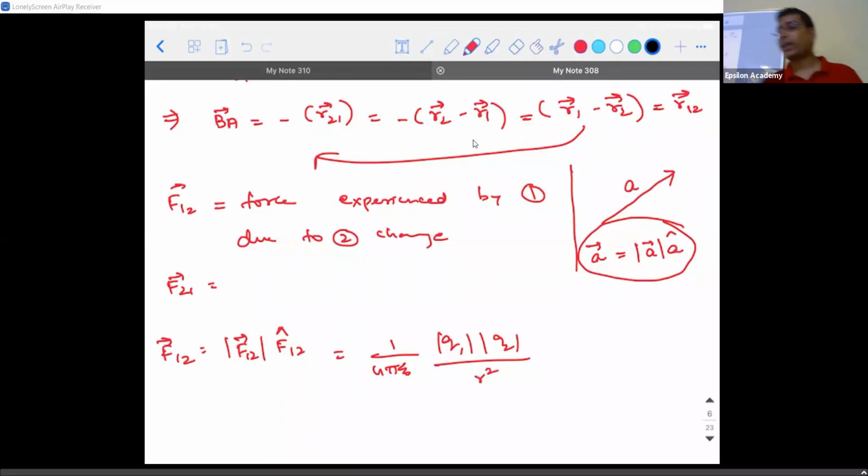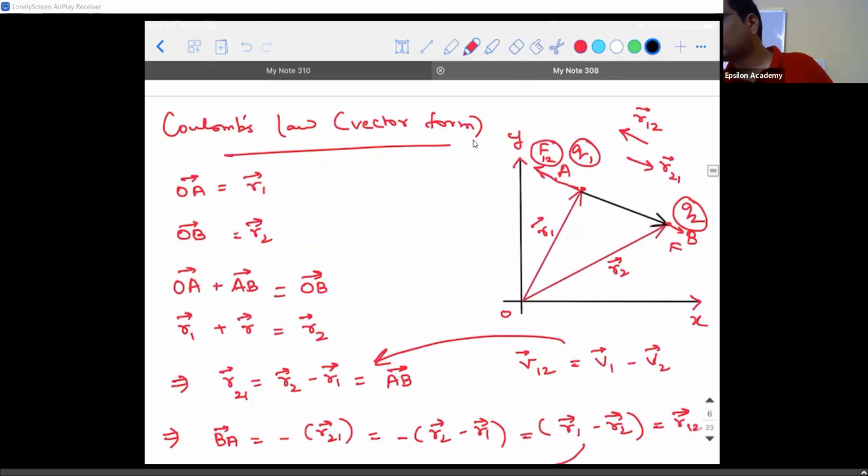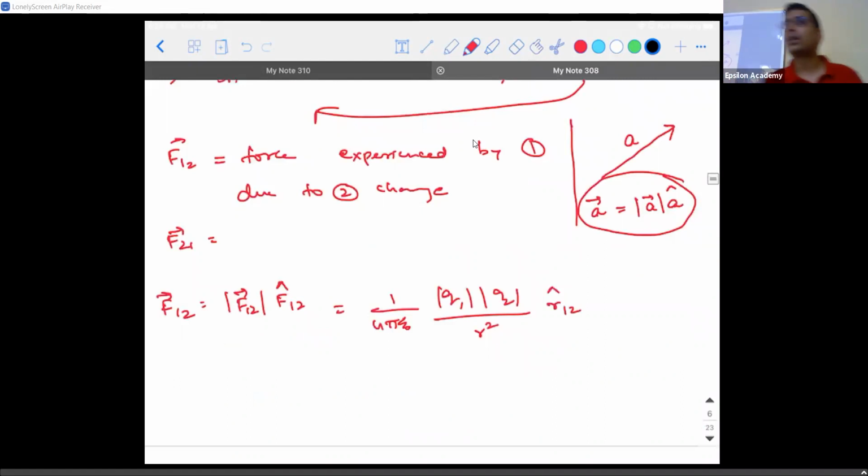But the important question is, F12 cap is in which direction? F12 is matching with R12, so I can write it as R12 cap. Correct? So this is F12 vector.